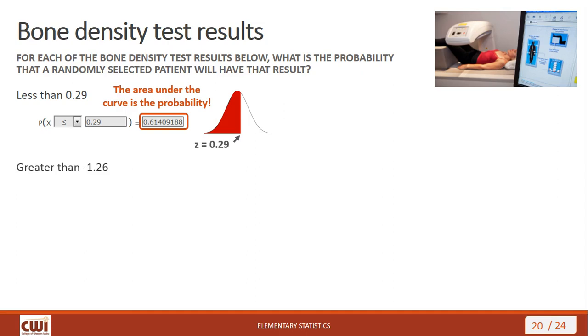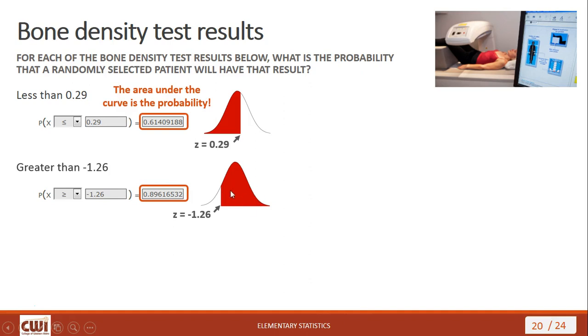How about this example? What's the probability that a randomly selected patient will have a result greater than negative 1.26? Again, I'll give you a moment to calculate that out. Well, here's what you should get. 0.896 coming out as our probability of getting a patient with a bone density test result greater than negative 1.26.